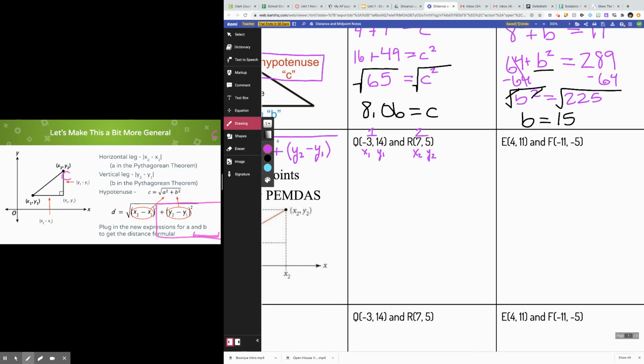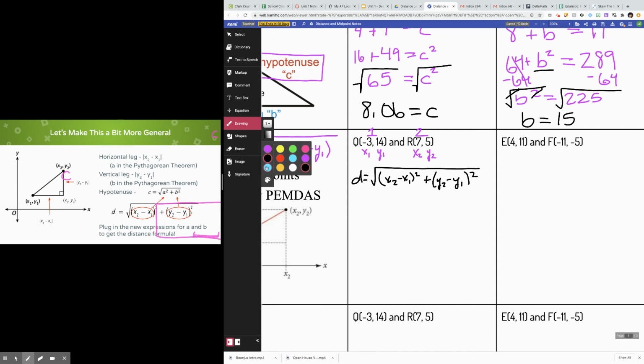Now we're going to plug those values into the distance formula. So you have d equals, and here's my whole formula, the square root of x2 minus x1 squared, so always keep your x's together, plus y2 minus y1 squared, and always keep your y's together.